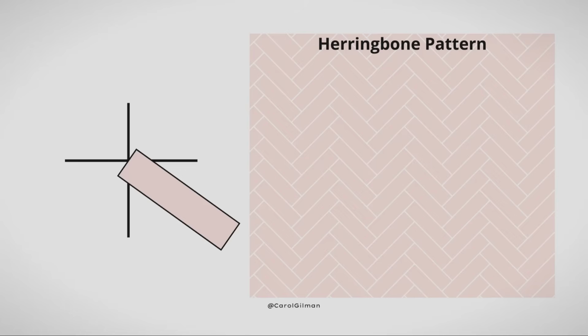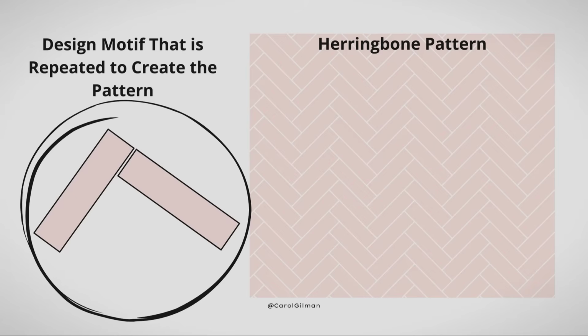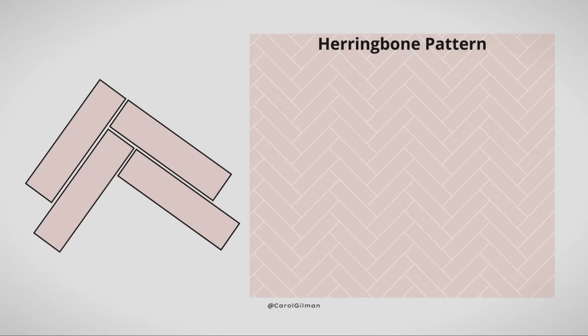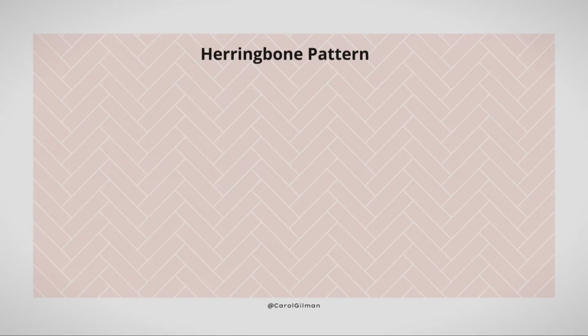Then the other piece is lined up along the shorter end of that first piece. And then you just continue on alternating those pieces until you create this overall pattern, which was named herringbone because it resembled the bone structure of a herring fish.